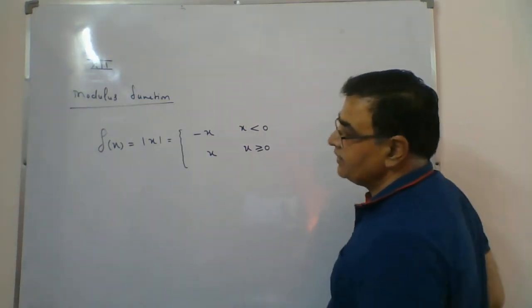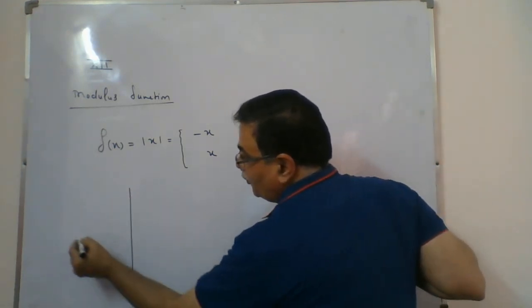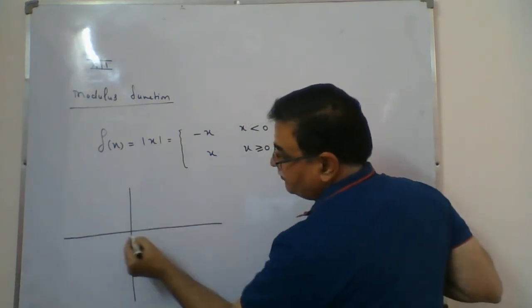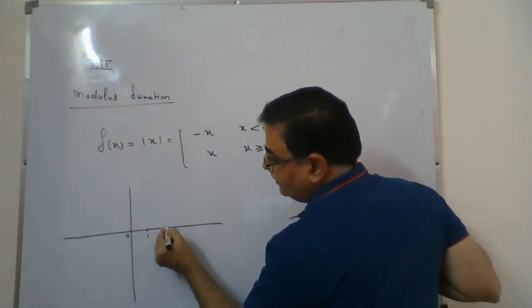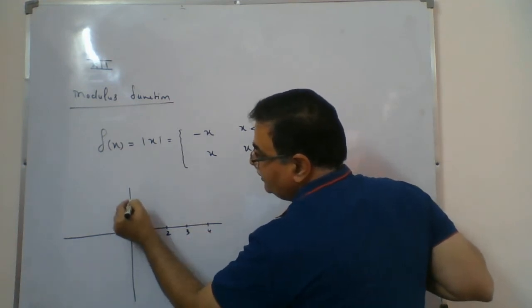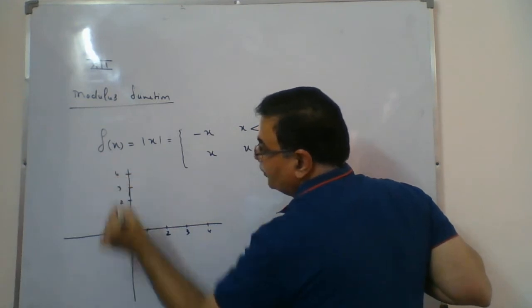Now my question is how to plot this graph. In this case, when you plot the graph, check here: it's 0, 1, 2, 3, 4. Here also 1, 2, 3, 4.